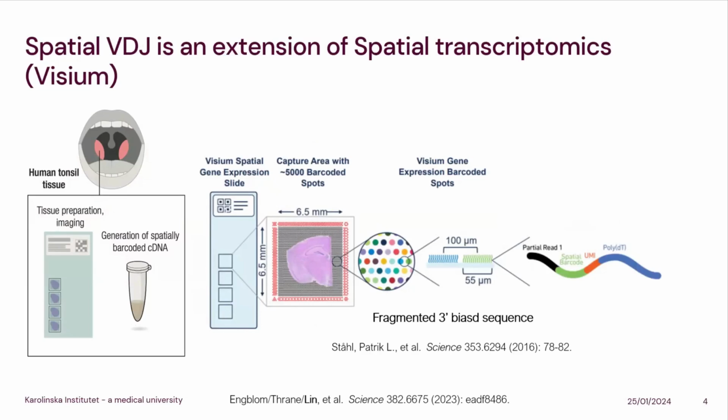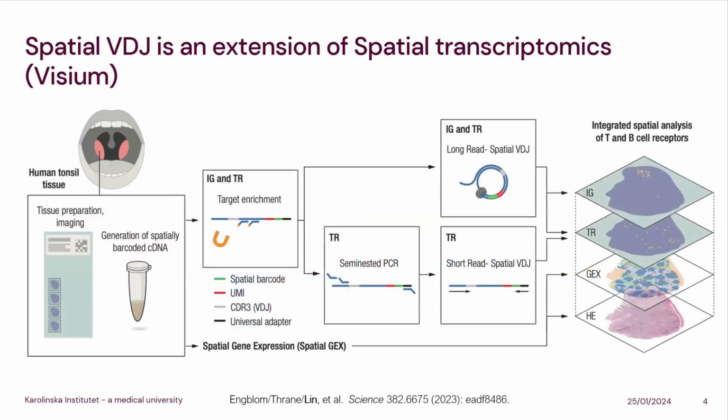So our method, spatial VDJ, takes one step further beyond traditional spatial transcriptomics. We take the cDNA library after reverse transcription and amplification, and use target enrichment, like from the beads, to enrich T and B cell receptors. And thanks to the introduction of long-read sequencing from the previous speaker, I don't need to go deep into that part, but we do long-read sequencing of those target-captured T and B cell receptors.